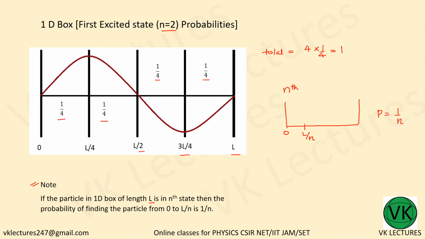One example we can take: if the particle is in the fourth state and we are asked to find the probability from 0 to L by 4, then the probability will always be equal to 1 by 4. That means 1 by n, n equal to 4.